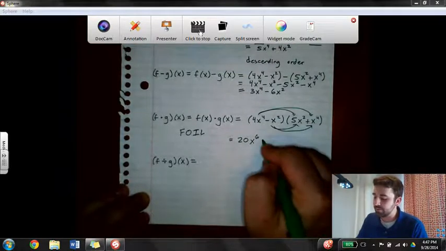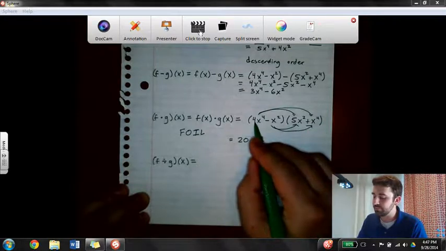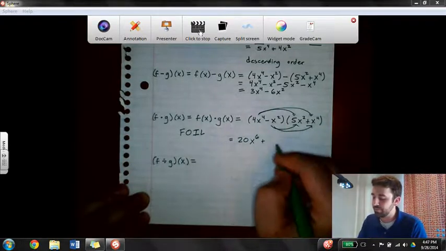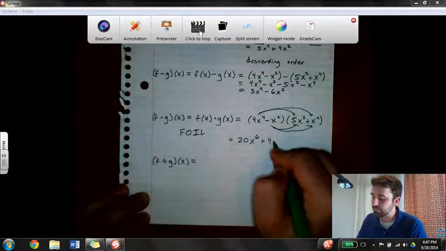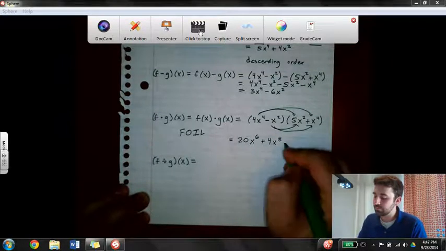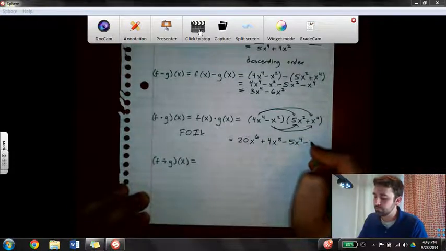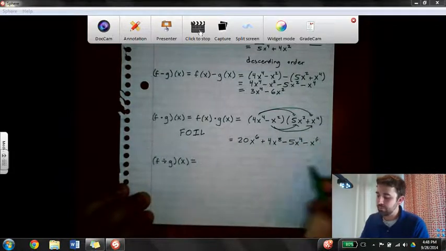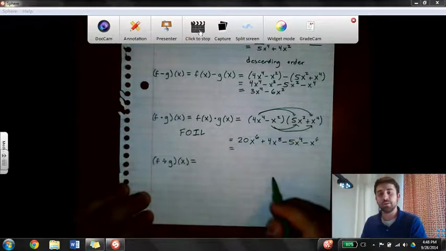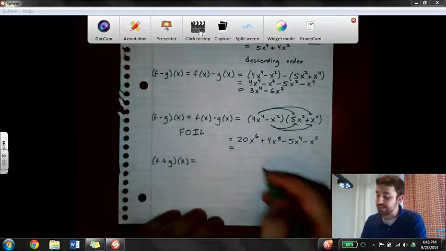And I will do this for all the terms using this FOIL. And I can once again combine like terms and write in descending order.